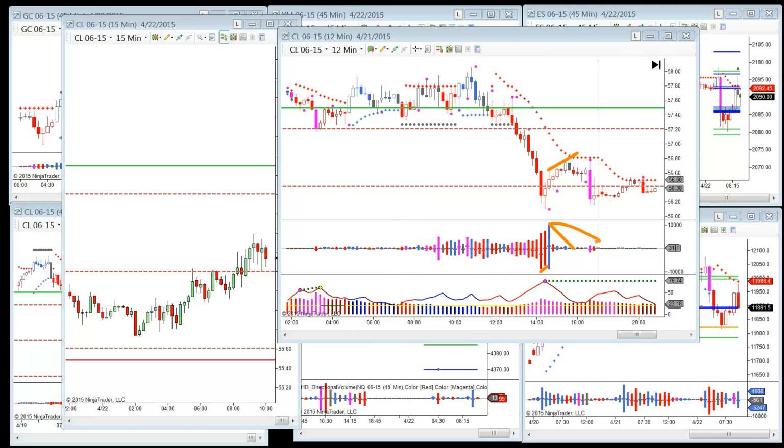They did it again here. Okay. And so far, there just hasn't been anything on this one. But what I'm noticing is you've got decreasing volume on the lows right now. But we'll just have to wait and see.